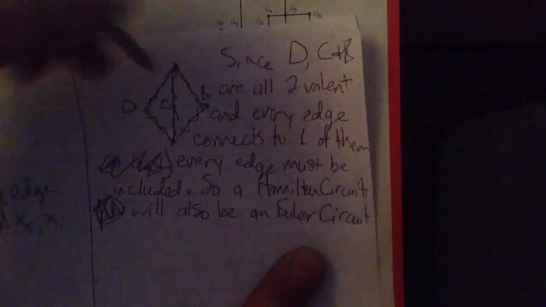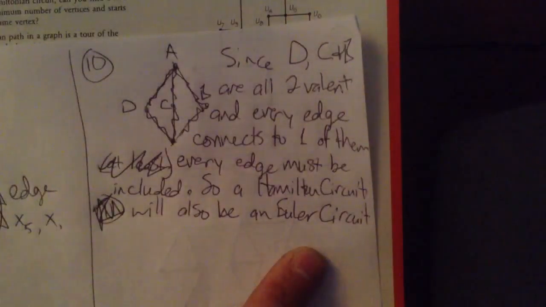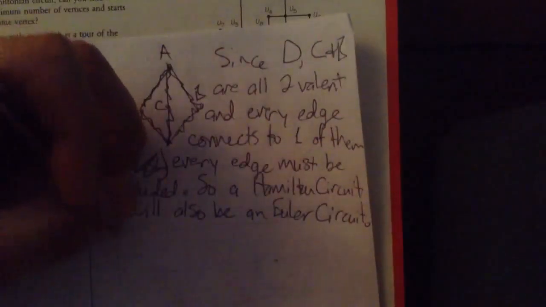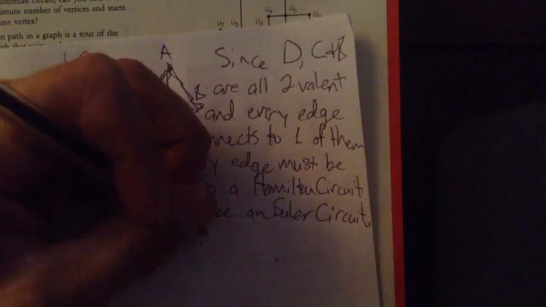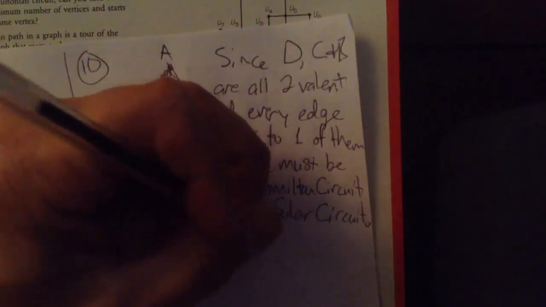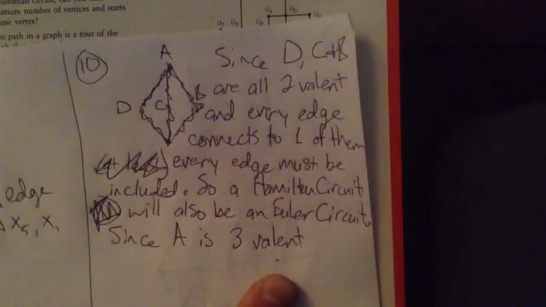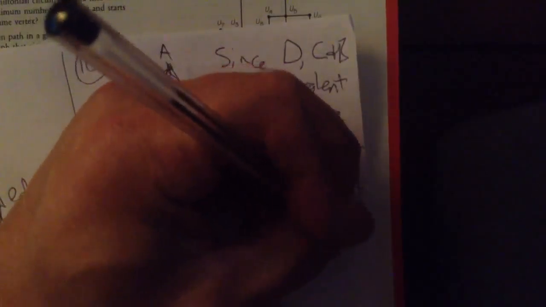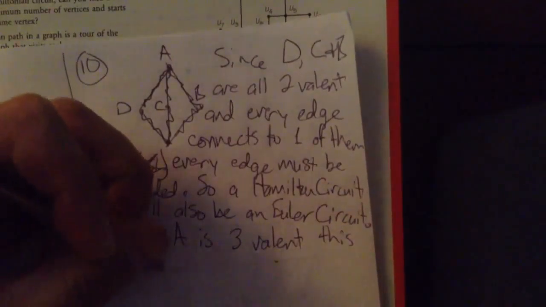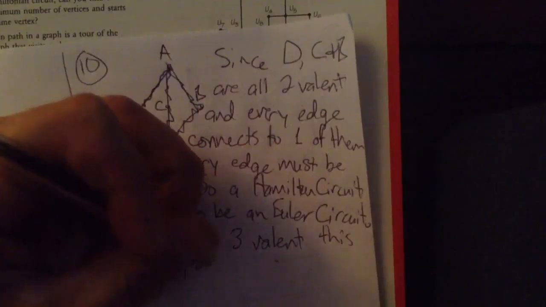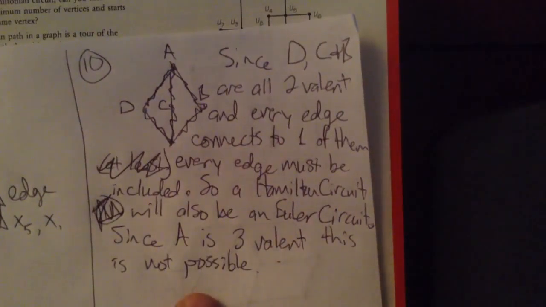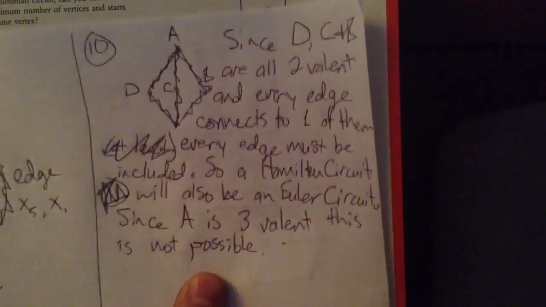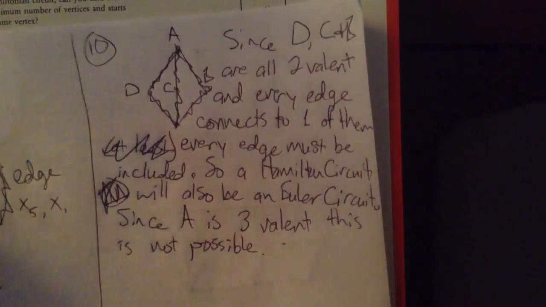and here's A. Since A is 3-valent, this is not possible. This is one argument that I see as easy, saying that there's no way this could have a Hamilton circuit.